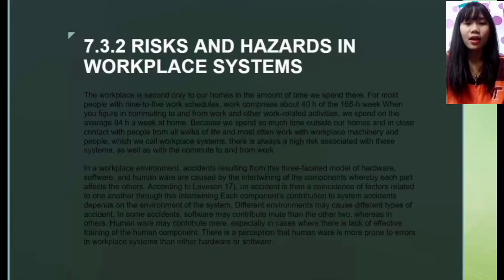In some accidents, software may contribute more than the other two, whereas in others, humanware may contribute more, especially in cases where there is a lack of effective training for the human component. There is a perception that humanware is more prone to errors in workplace systems than either hardware or software.